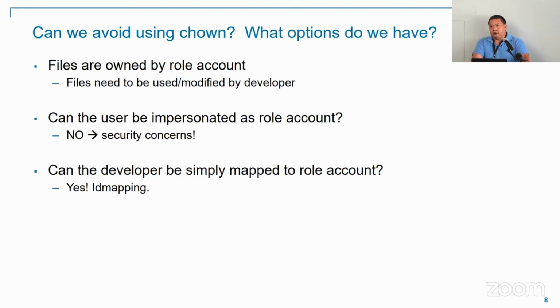We cannot do that because of security reasons. It's very simple. So next, is it possible that this root account ID can be magically mapped to this developer ID? This can magically happen. Why do you have to do this chown?